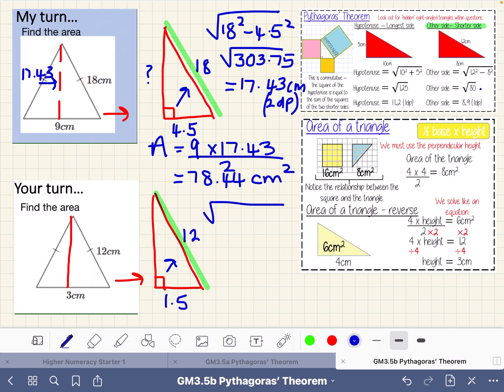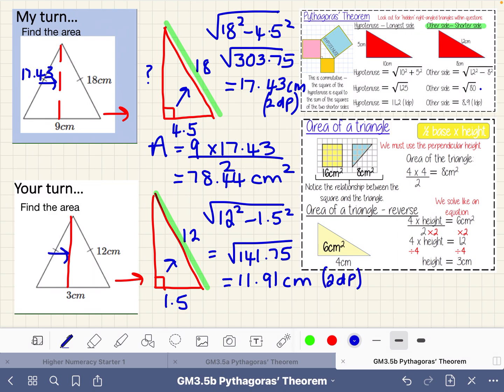That means, in terms of Pythagoras, I have got 12 squared and I am subtracting 1.5 squared. That gives us the square root of 141.75, leading us to a perpendicular height of 11.91 centimetres to 2 decimal places.